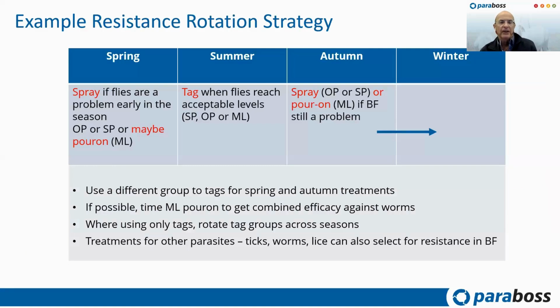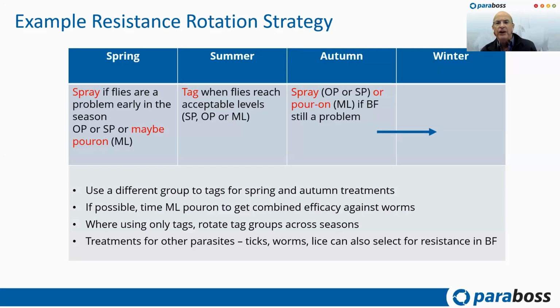And this is just the sort of resistance rotation strategy that people might use. If you're using tags, this is going to be the chemical group that you're going to use most often. And what you really want to try and do, if you have to do an early spring treatment and you want to delay until you actually have to tag the animals, is work out what tag you're going to use and then use a spray from a different group in that early treatment.